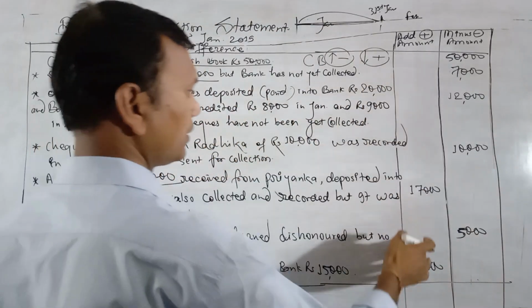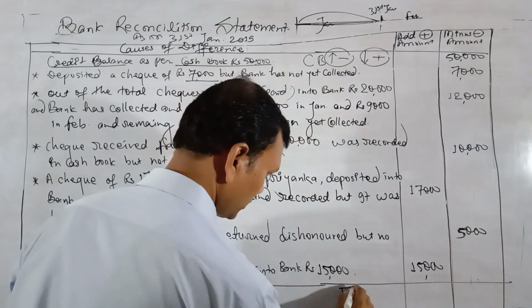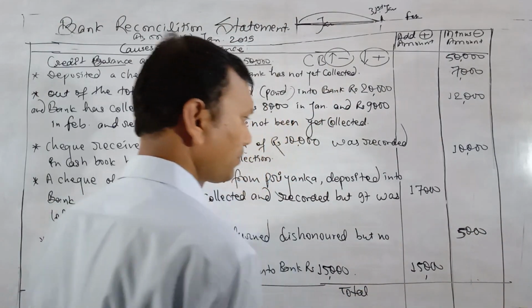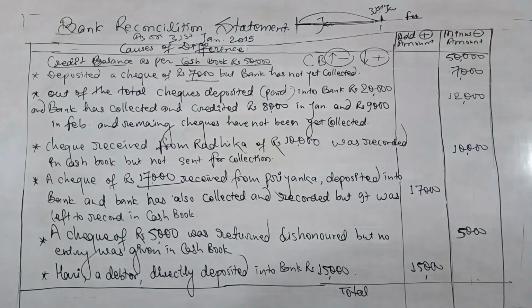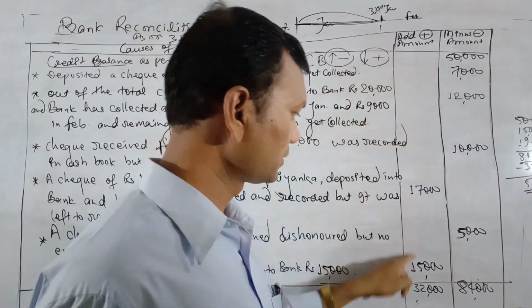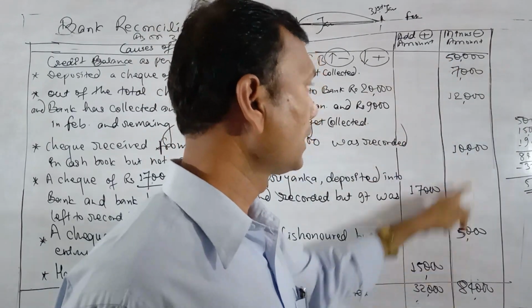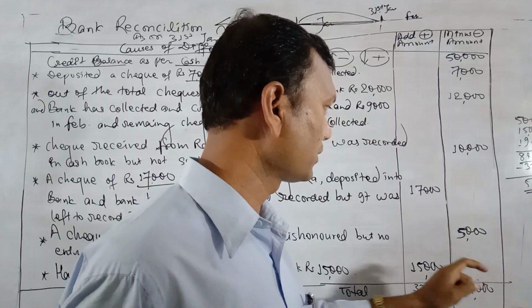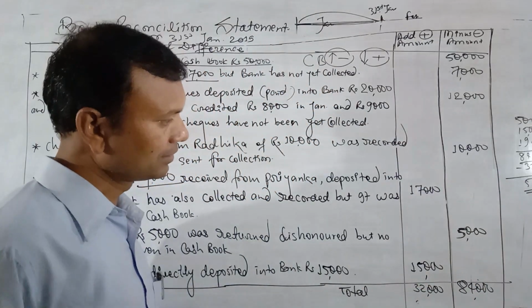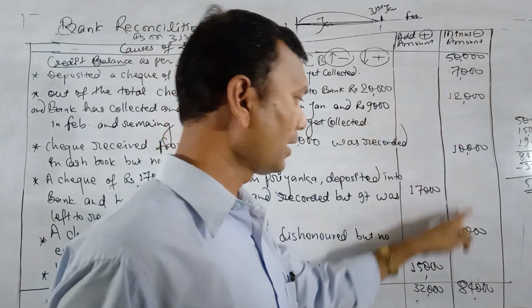Now draw the total of plus and the total of minus. We have summed the total of the plus amounts, and we have also added the total of the minus amounts, which is 84,000. Now which one is greater, the total of plus or the total of minus?